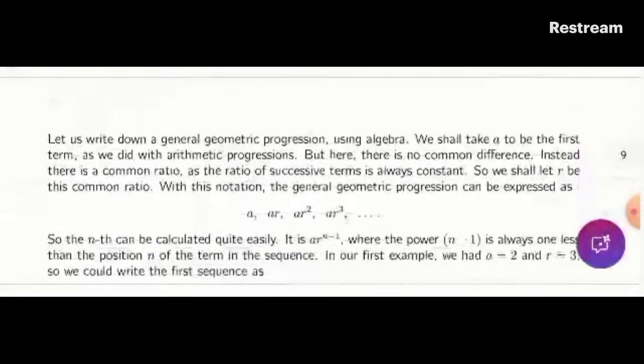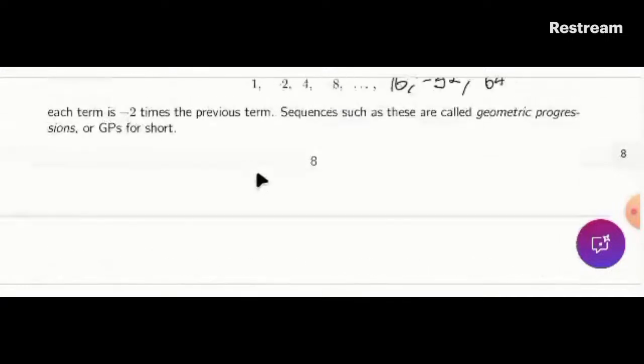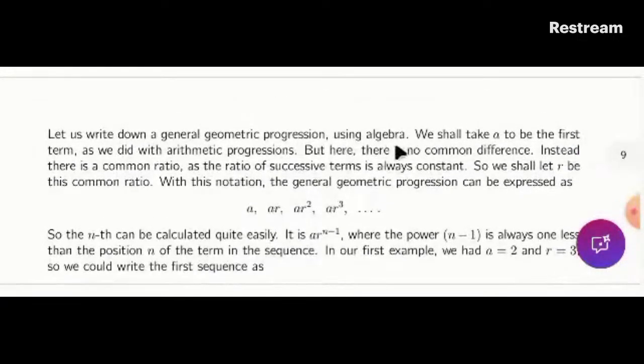Now, if you look at it, instead of adding, we are multiplying by that singular term. That term, we call it the common ratio. In AP, it is common difference, while in GP it is now common ratio. So we shall let r be this common ratio.